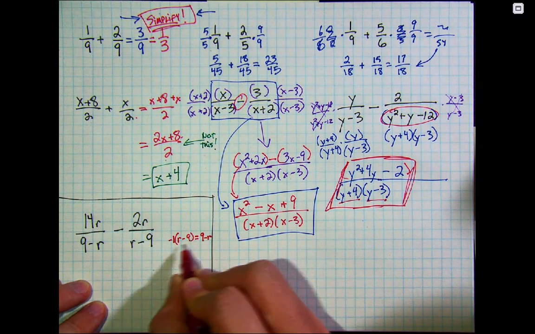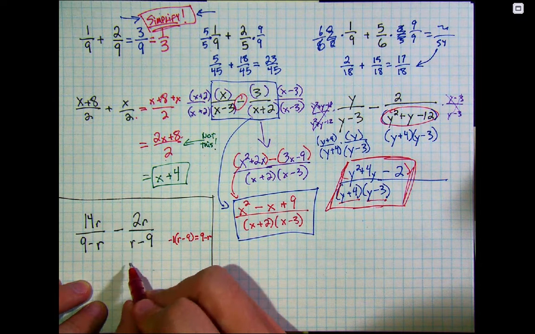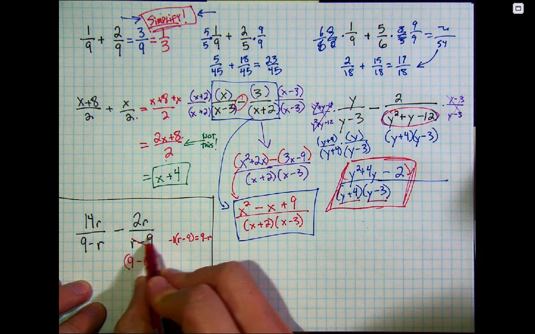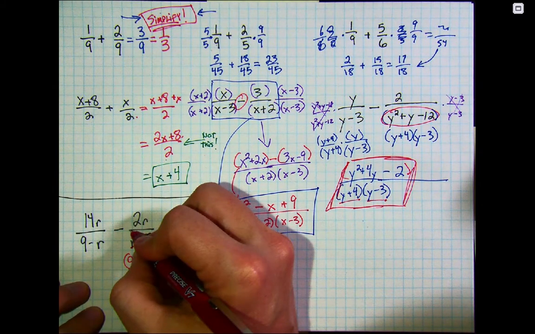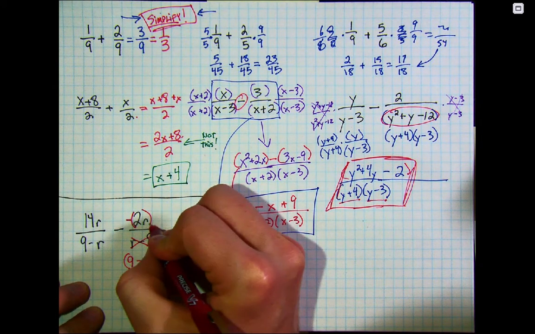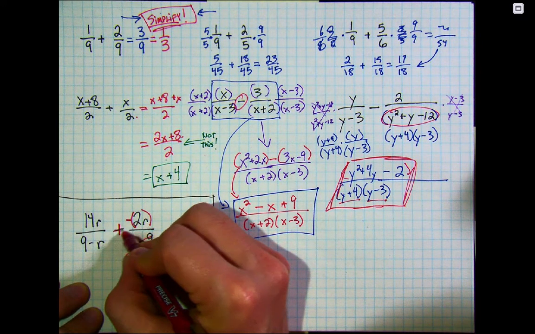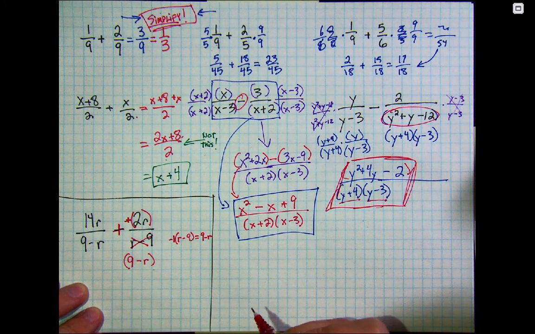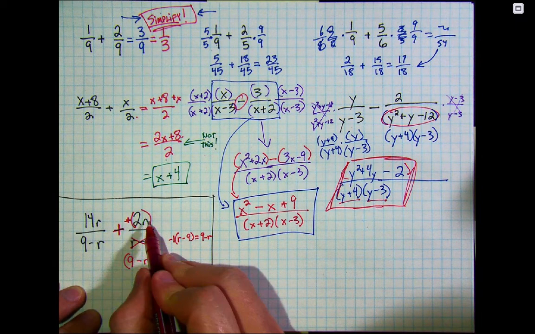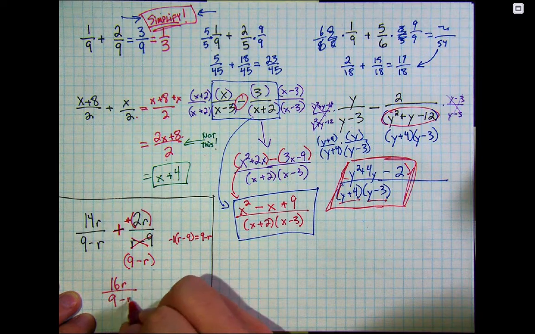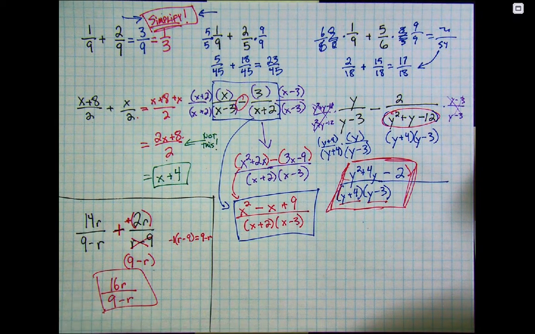So we can basically make this into a 9 minus r by factoring out a negative 1. Or, in other words, minus minus is now going to just become a plus. So really all I have here is 14r plus 2r, which is 16r over 9 minus r, and I'm done. See how easy that was?